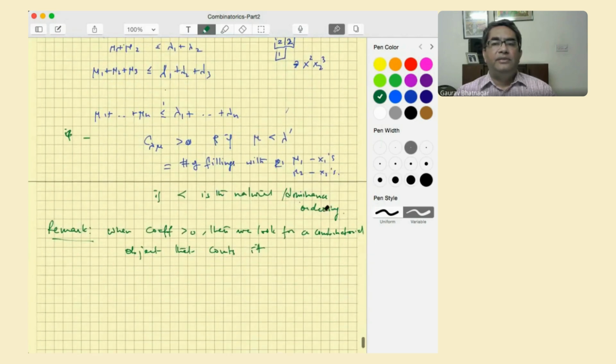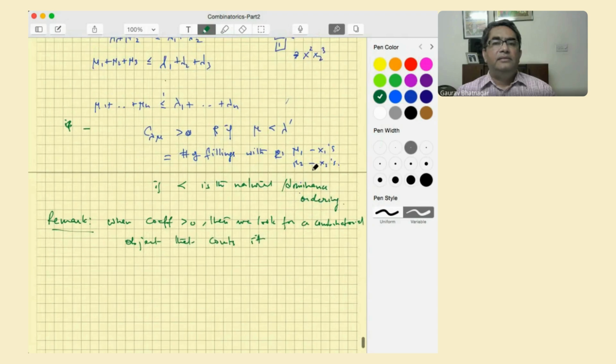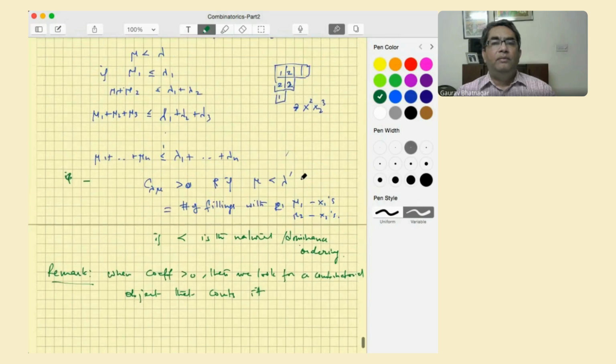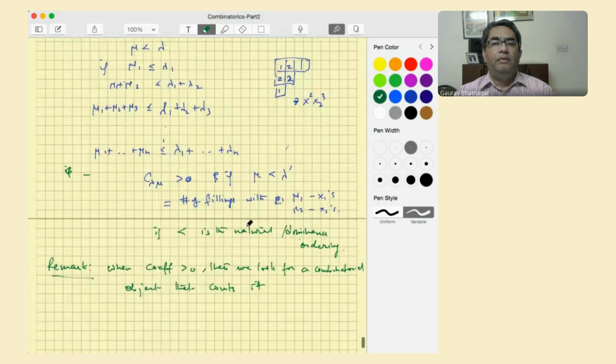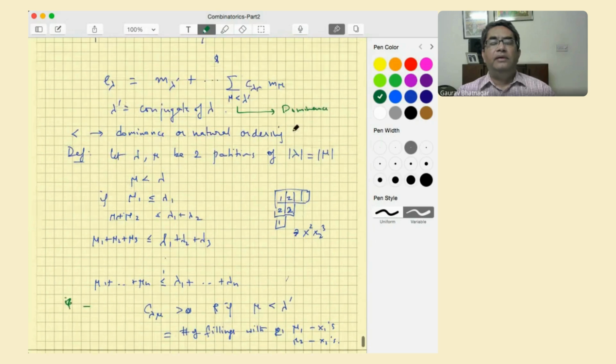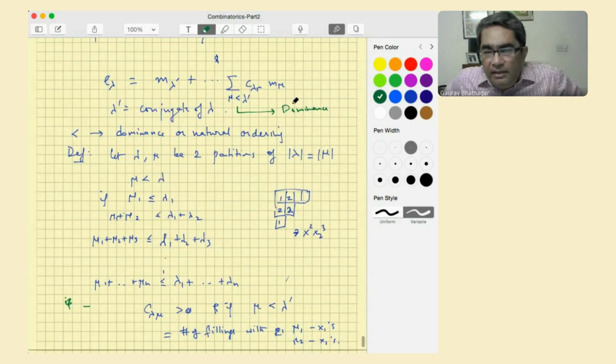Yeah, actually, that's right. So you want c_mu,m. Where have I written it? Yeah, m_mu. So you need exactly mu1 x1s and mu2 x2s and so on.